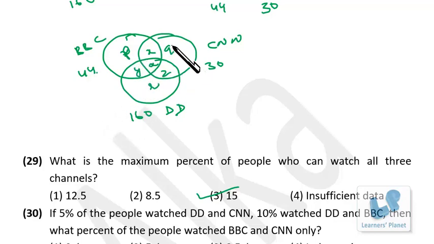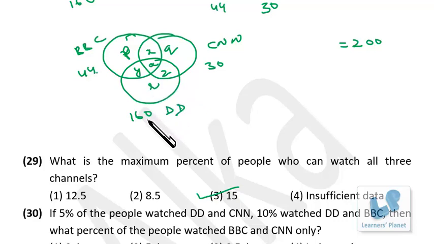Over here, see the total of these three circles should be 200, right? So that is P plus Q plus R plus X plus Y plus Z plus A, that is 200, the total of this circle. You should be able to retain this in your mind. Then total of individual circle, that is also been given over here, that is P plus X plus A plus Y, that is 44, X plus Q plus Z plus A, that is 30, Y plus A plus Z plus R is 160.